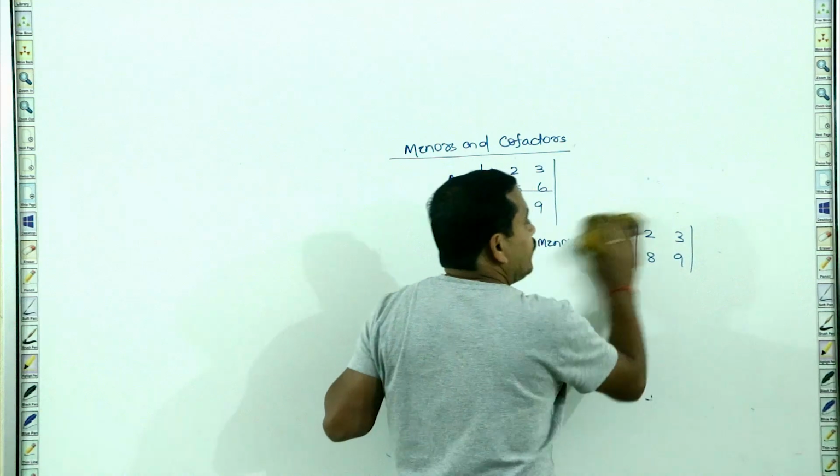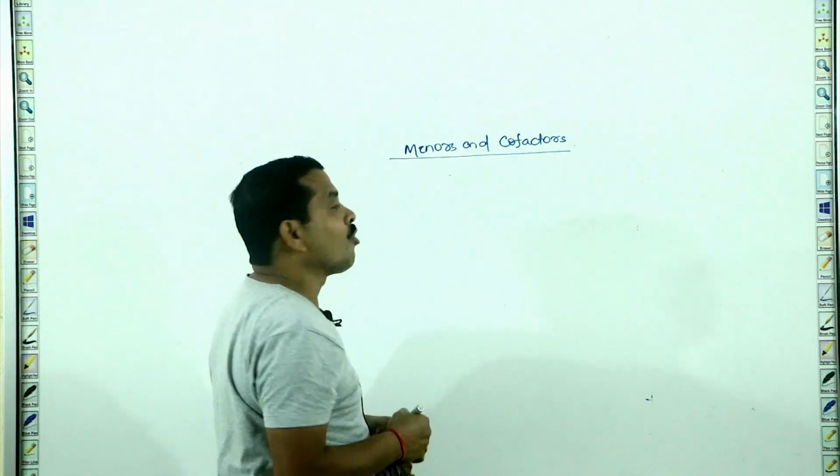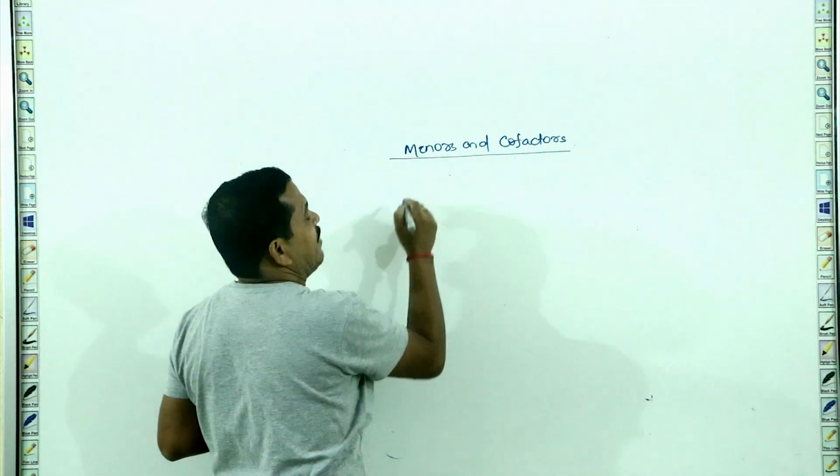Let us now write the general definition for minor and cofactor. What do you mean by minor?